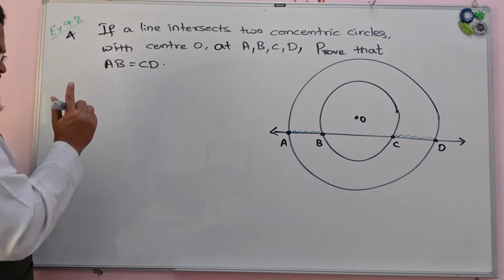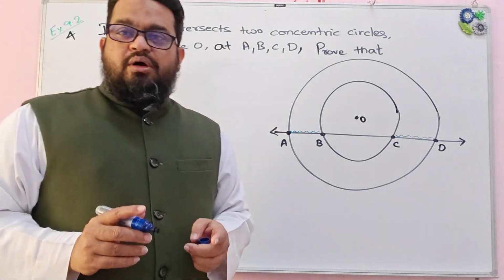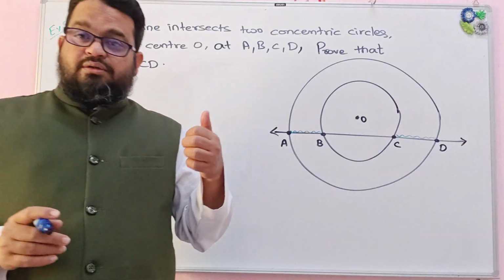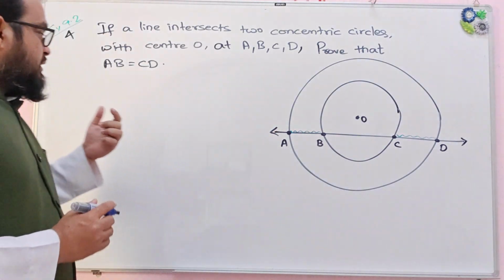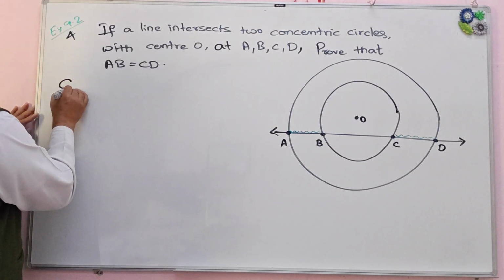Here, whenever you do a problem, you have to write two things: one is what is given, and then what to find. So let us see what is given first.